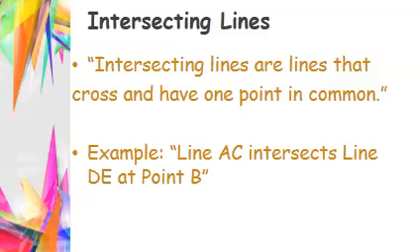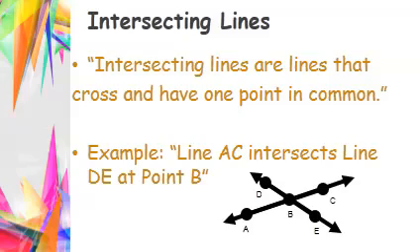Like for example, if we have line AC intersects line DE at point B. So can you see the first line, which is AC, and the second line, which is DE? They cross each other at a point B. This point B is called the point of intersection, or the meeting point where the two lines intersect.